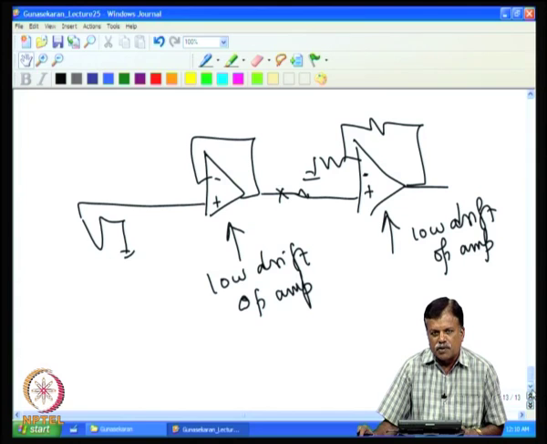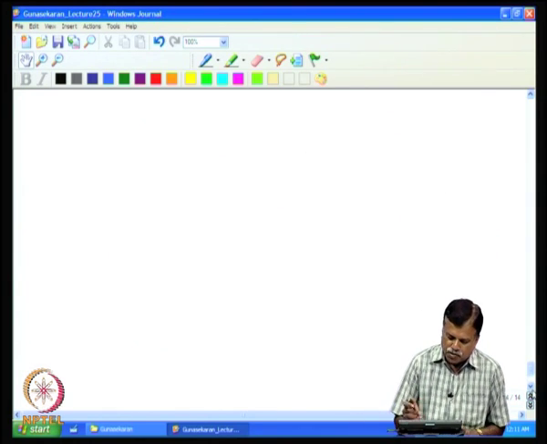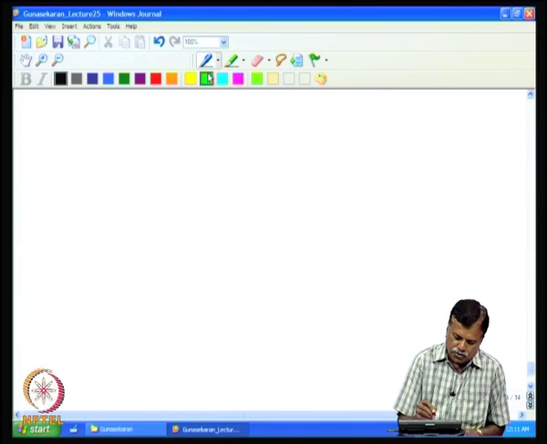One has to work out various circuit models and see how much error is coming. For example, I can take one small circuit, the constant current source which we have discussed. For that we can find out the error due to the offset voltage drift.